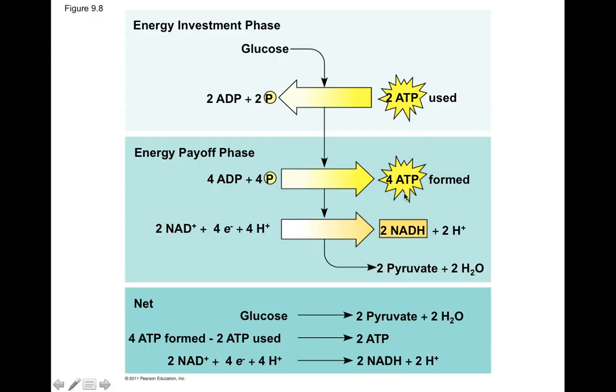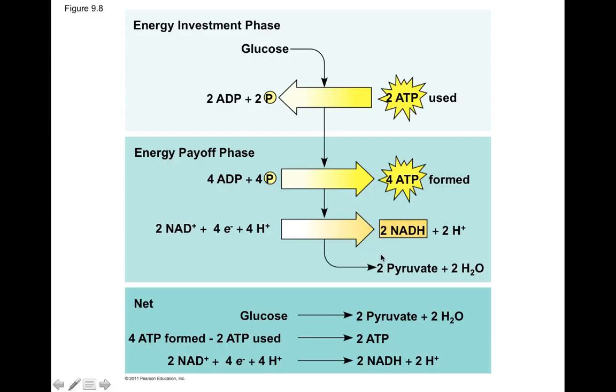But also, we get 2 molecules of NADH. So we've harvested 4 electrons from our glucose molecule, or what's left of it. So we're going to use that reducing power later on. So all of that's going to come in at the end.